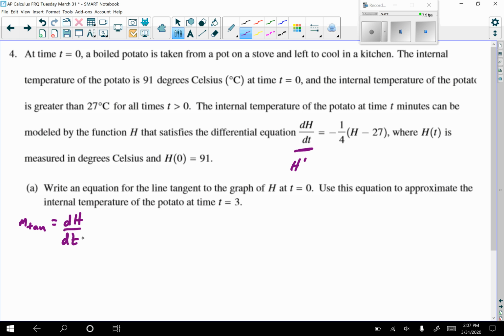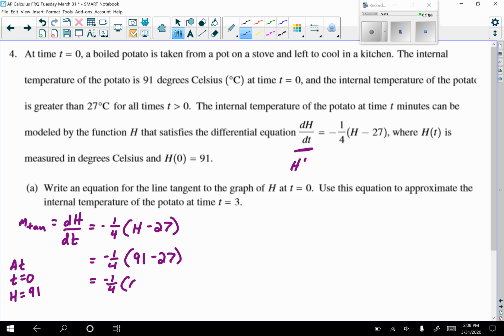So is dh over dt, which is negative 1/4 times h minus 27, but we need this at time t equals 0. So at time t equals 0, h is equal to 91. So this becomes negative 1/4 times 91 minus 27, which is negative 1/4 times 64, which gives us negative 16. So that is the slope of our tangent line.